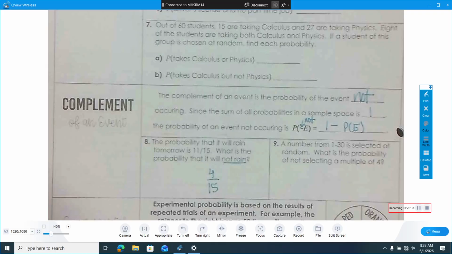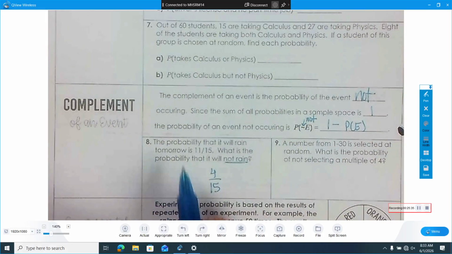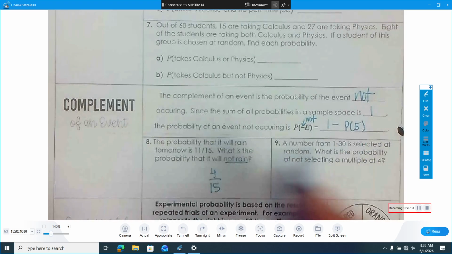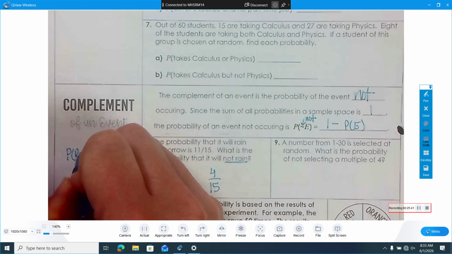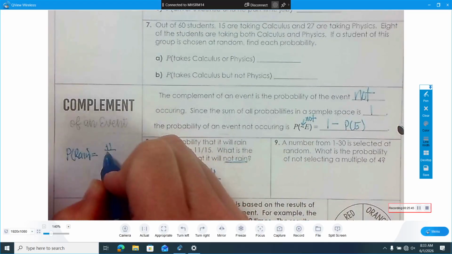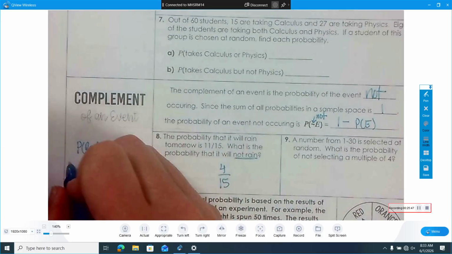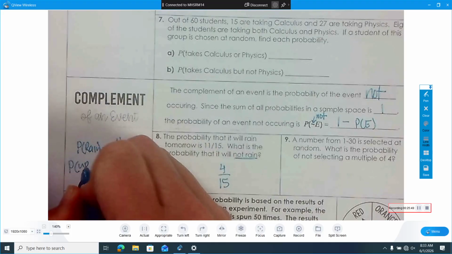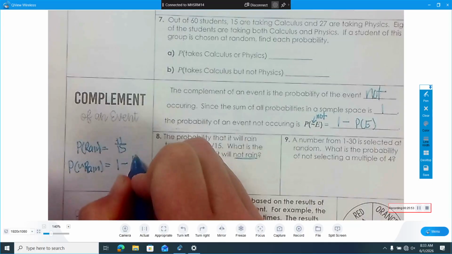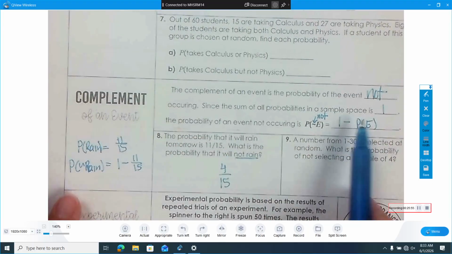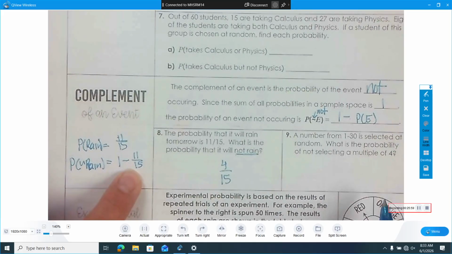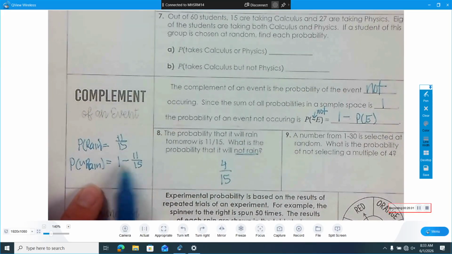Now, why does that work? Well, we can check the math here. If I know the probability of rain is 11 out of 15, the probability that it will not rain should be 1 minus 11 out of 15, 1 minus the probability the event actually happens. Well, we need a common denominator.